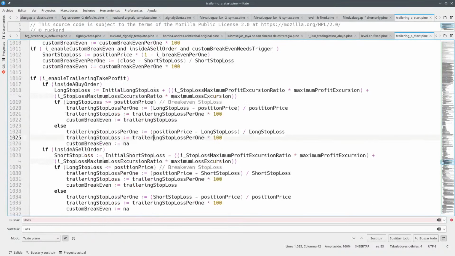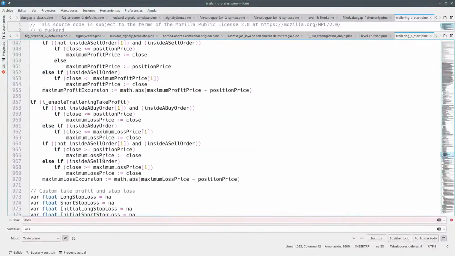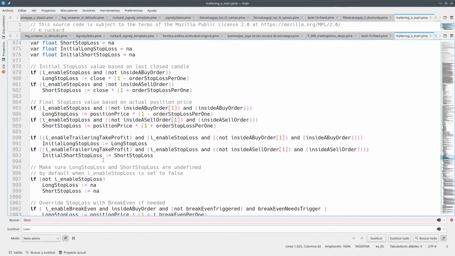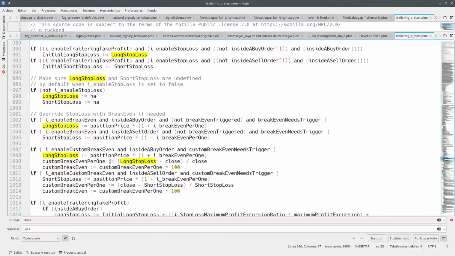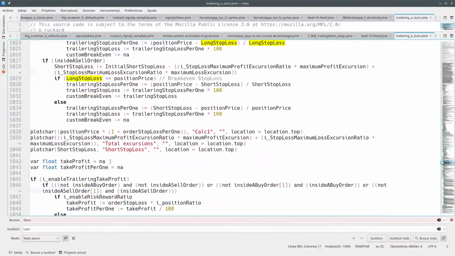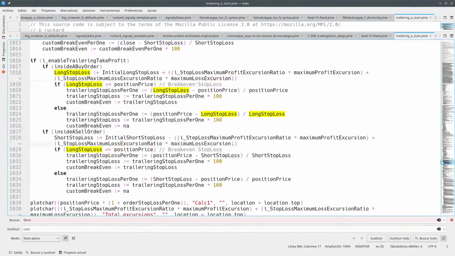It should be long stop loss. So this is short stop loss. We want to check long stop loss instead.